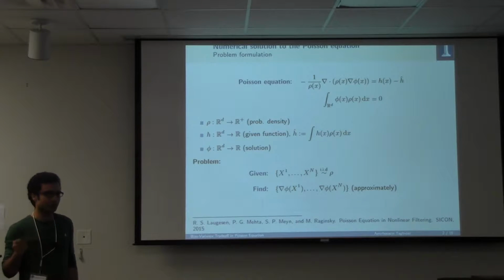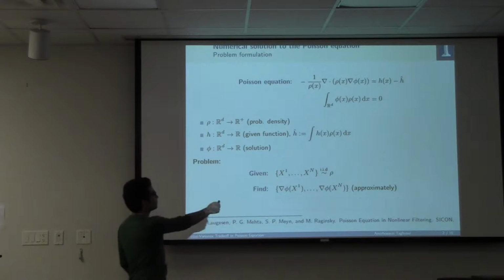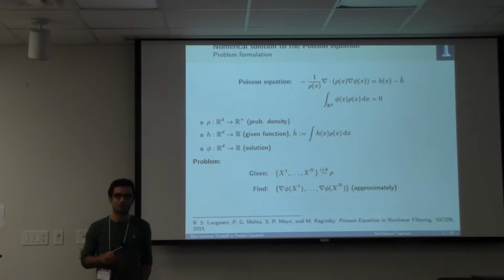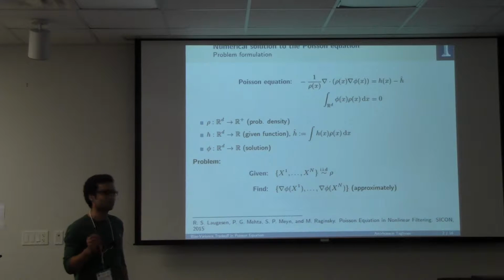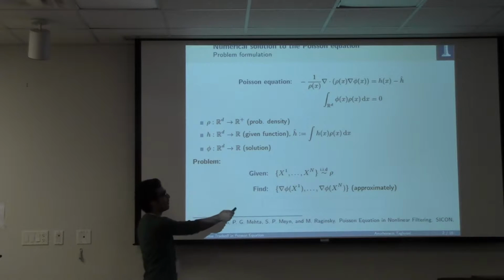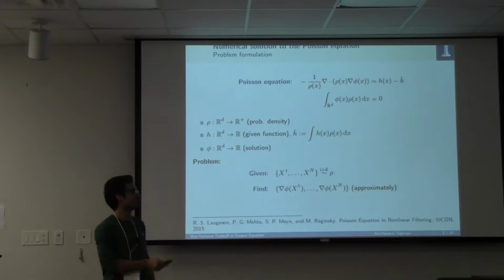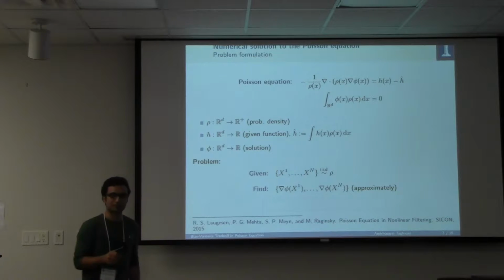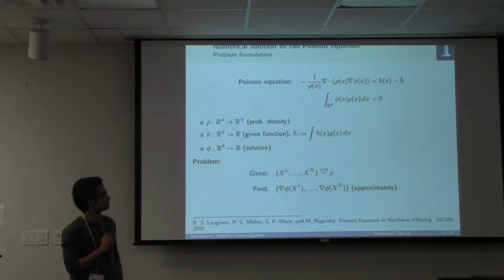So specifically, we are looking at this problem. We are given n particles, x1 through xn, that are sampled IID from the probability distribution rho, and we are interested in finding the gradient of phi, the solution to the Poisson equation, evaluated at the particle locations, x1 through xn.